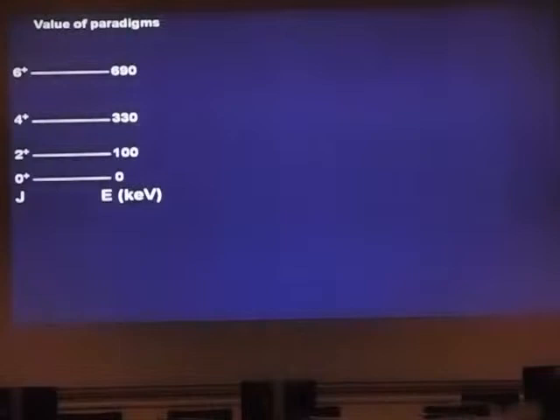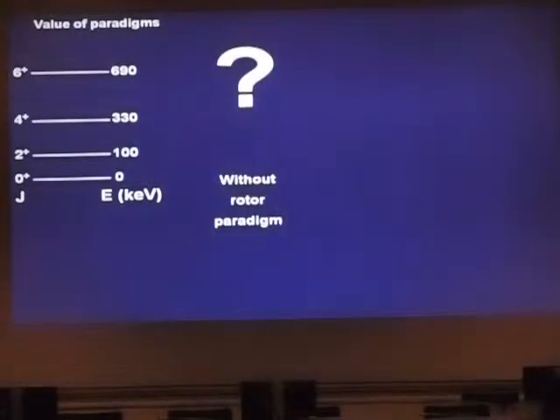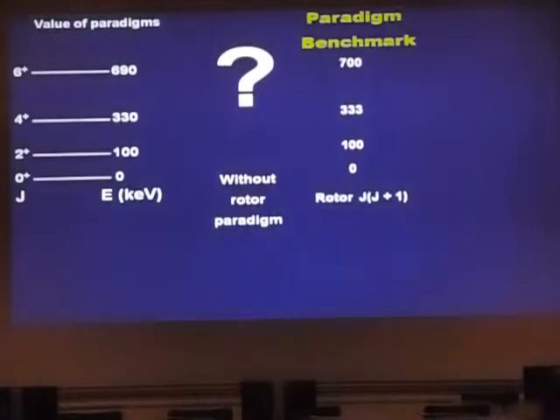That can't be. Why isn't this 333? Because they don't know the formula at that point. So, without the rotor paradigm, you would look at these numbers and go, oh, okay. With the rotor paradigm, J times J plus 1, here I use J. If I call this 100, I get 0, 100, 333, and 700.